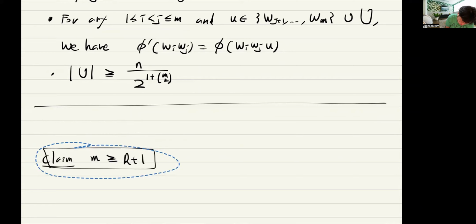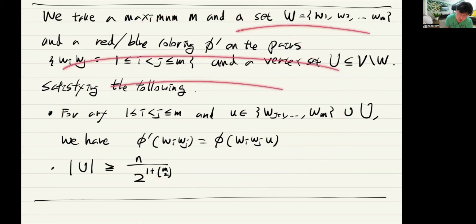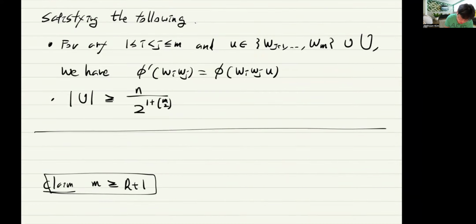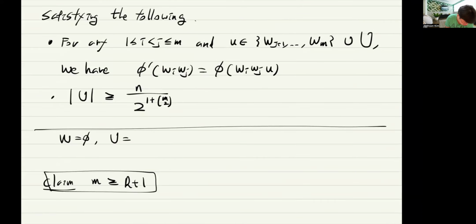Before doing that, we have to check one thing. In order to take the maximum one, we have to show that at least one such choice exists. It could be the empty set; there could be no such choices at all. But that's not the case, because we can take W as just one arbitrary vertex, W1, and U as everything except that vertex.